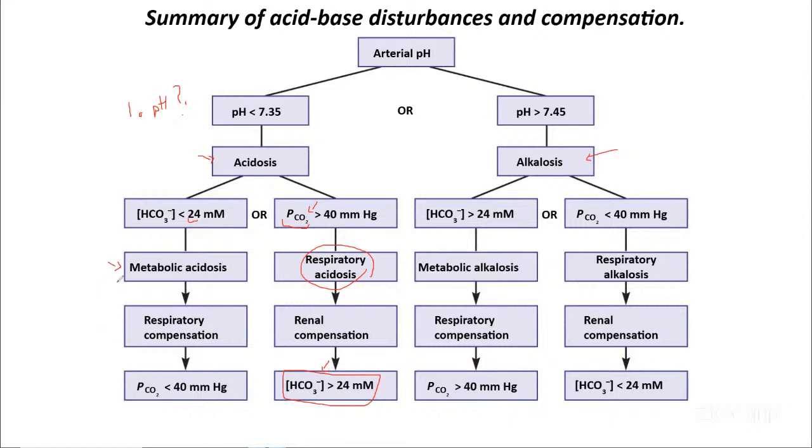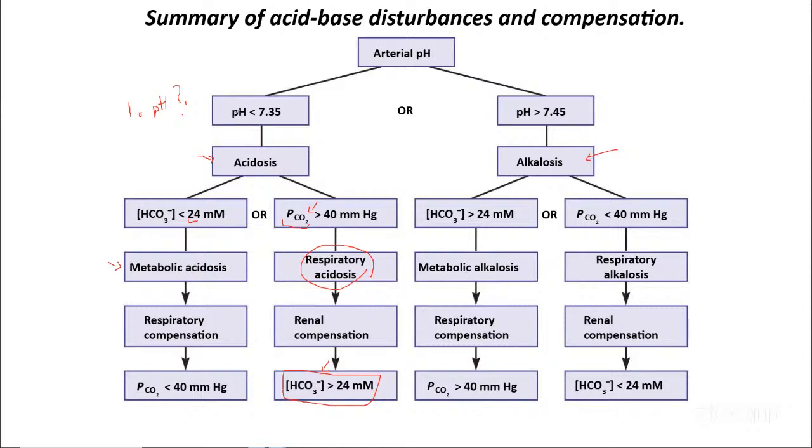If you're in metabolic acidosis, the first thing you're going to do is try and compensate for that with your lungs. So you'll be in respiratory compensation. Okay. So we're going to see CO2 levels changing here, but we are going to see them changing in the opposite direction than if we were trying to diagnose the acidosis.